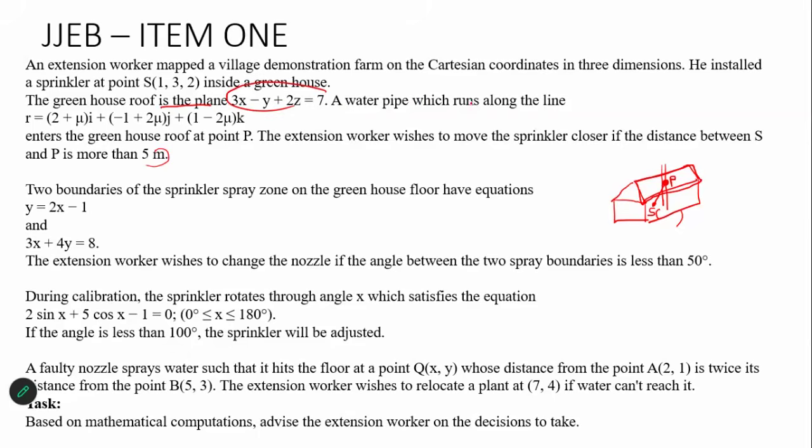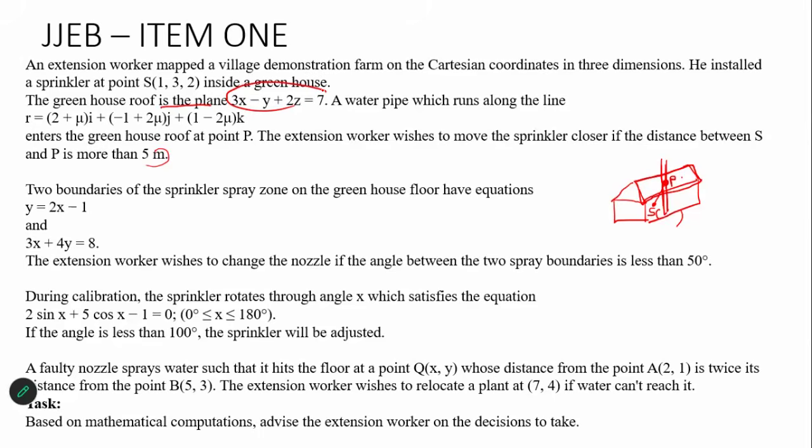However, that point P runs along the line. So you have the line here that is taking the water and it is meeting the plane. So in order for you to obtain this point P, you need to find the point of intersection of the plane.